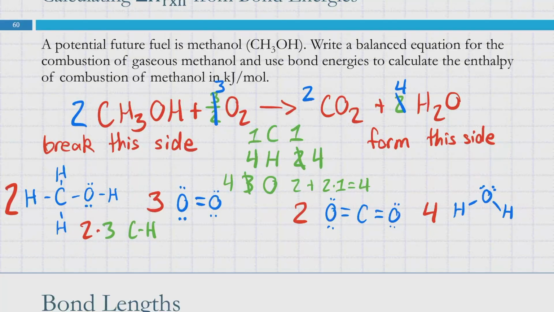We also have 2 times 1 each CO and 2 OH, or as probably shows up in our table, HO. And we also have 3 oxygen double bonded to oxygens.